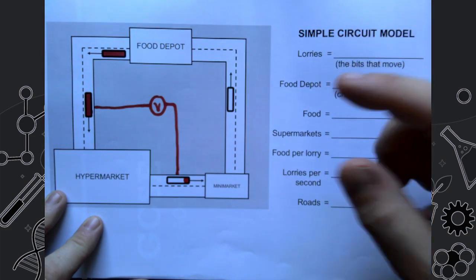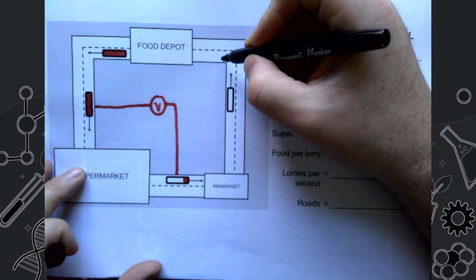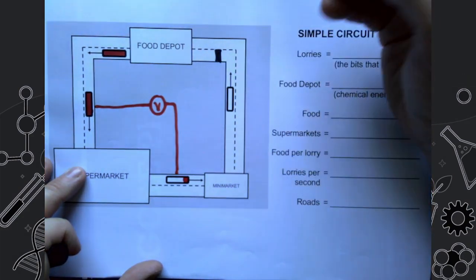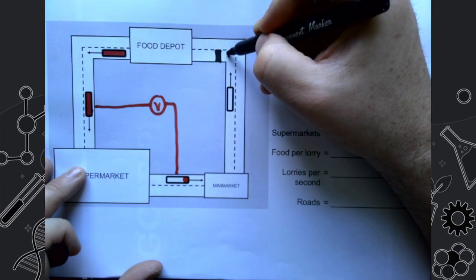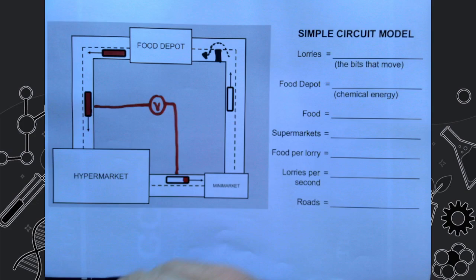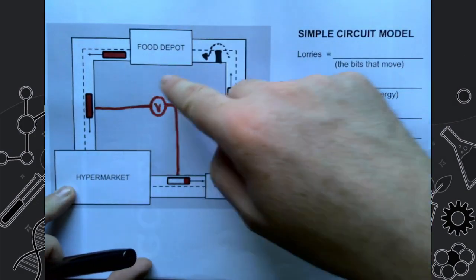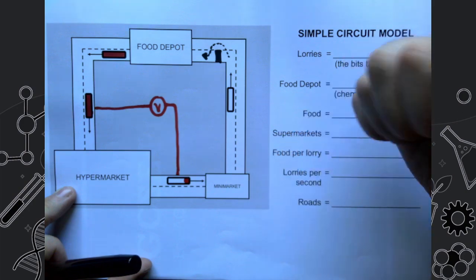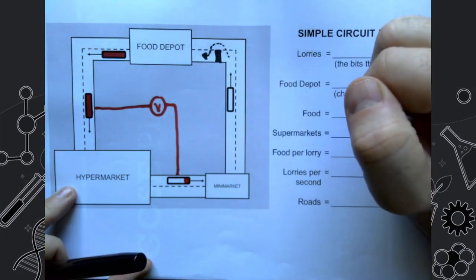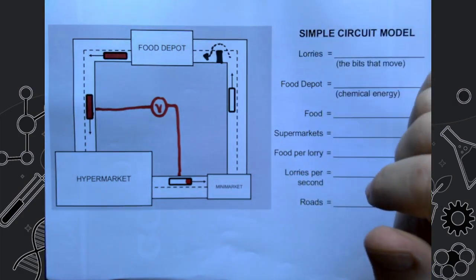Now imagine we've got some roadworks up here, and this bit of the road is blocked, so the lorries have to slow down and go round the roadworks and go back in. Because this lorry's slowing down, the whole network, the whole circuit slows down, so the current reduces. Because my resistance has gone up somewhere in the circuit, the whole current has to decrease. We'll come back to that later on.